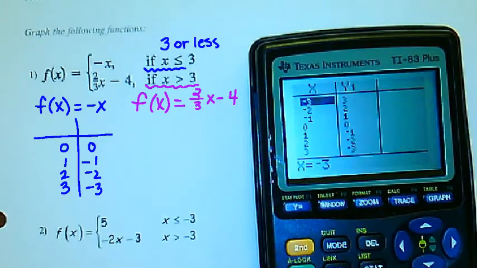So if we have this sign or this sign, those are obviously the same exact sign, we're going to have a closed circle. If we have a less than or equal to or a greater than or equal to, we're going to have a closed circle. If we have no equal sign, that means it's going to be an open circle.